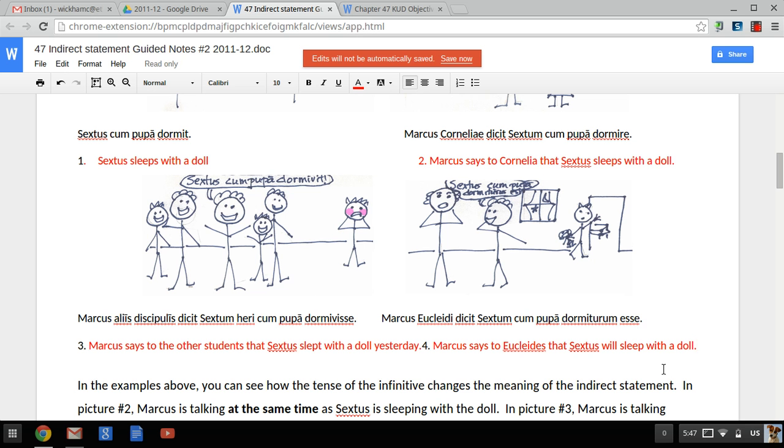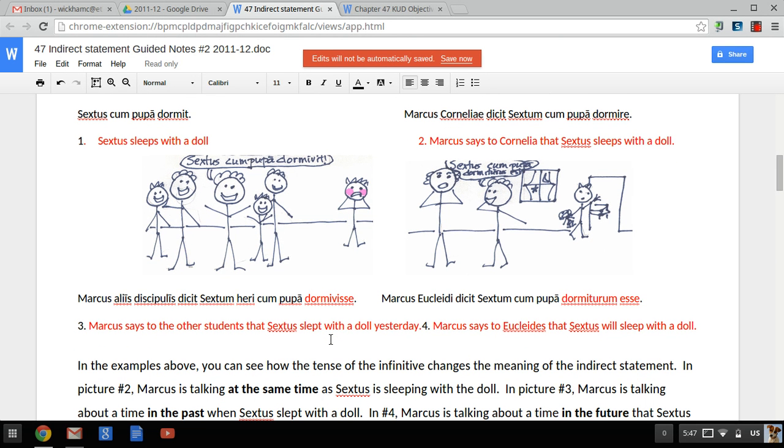Okay, so dormiturum esse is translated will sleep, because it's our future active infinitive, that new form we saw above. And dormivisse is translated as Sextus slept, past tense, because it's our perfect active infinitive.